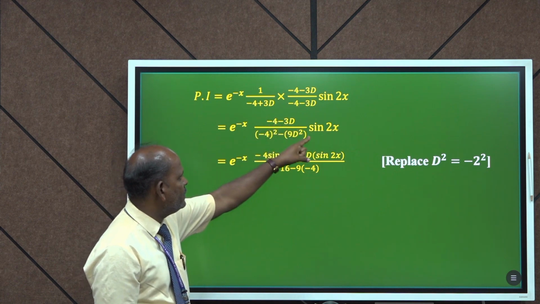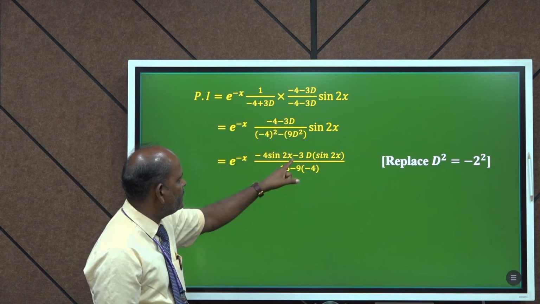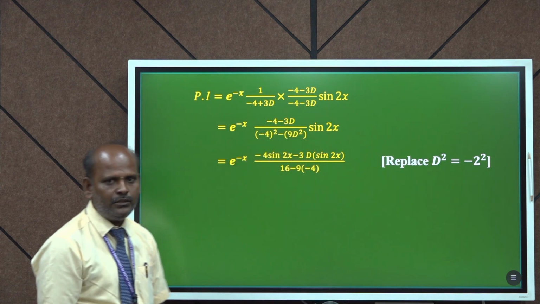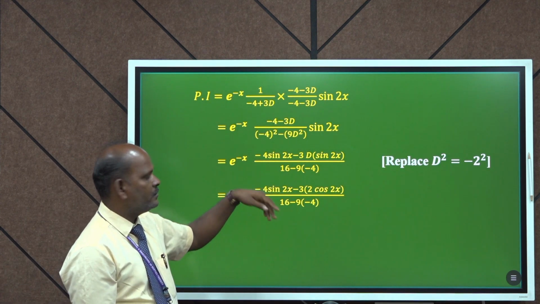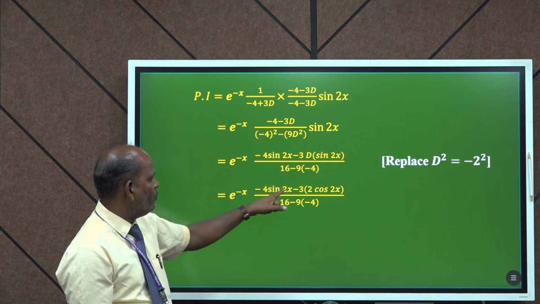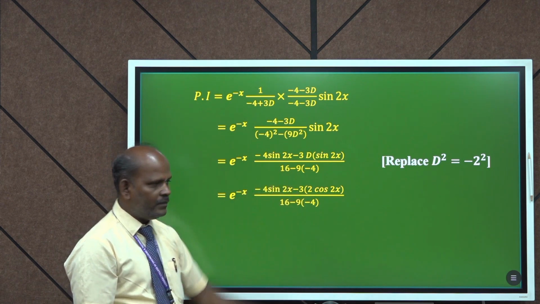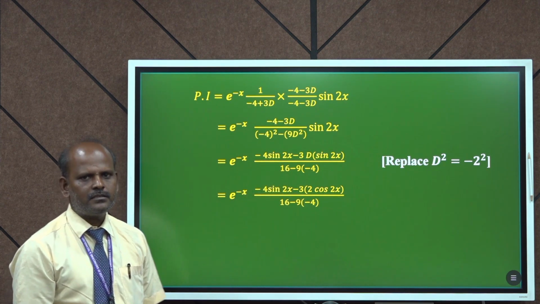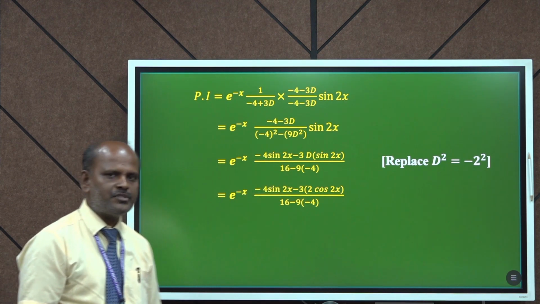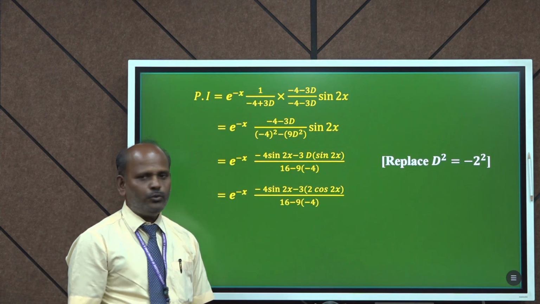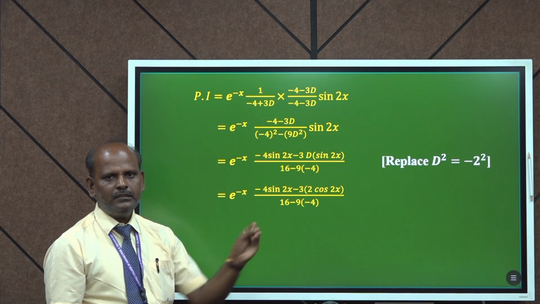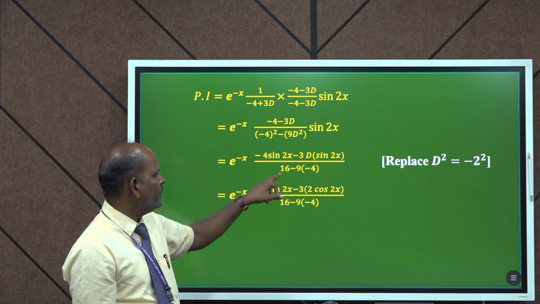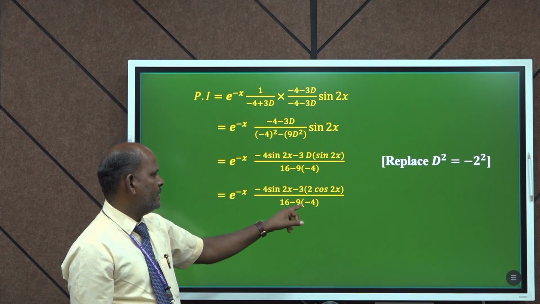So minus 4 into sin 2x minus 3 into D of sin 2x, and that is equal to e power minus x, first in the numerator, minus 4 into sin 2x minus 3 into D, meaning d by dx, differentiation with respect to x one time. So the differentiation of sin 2x is cos 2x into 2, that is 2 cos 2x, and the denominator is 16 plus 9 into 4, which is 36.